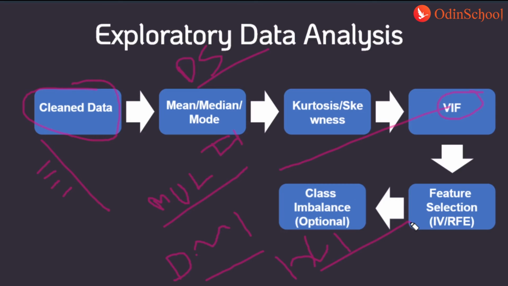Okay, the next is feature selection. Feature selection is about selecting which variables we are going to include in our model. For that we have different techniques like IV and RFE. And the last step, which is optional, is class imbalance.